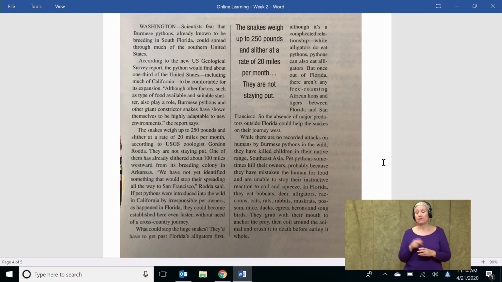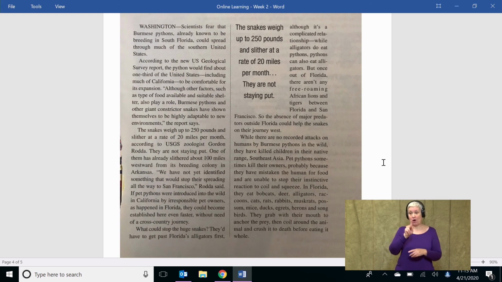The snakes weigh up to 250 pounds and slither at a rate of 20 miles per month, according to USGS zoologist Gordon Rada. They are not staying put. One of them has slithered about 100 miles westward from its breeding colony in Arkansas.